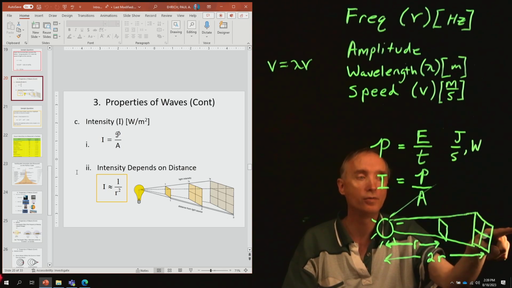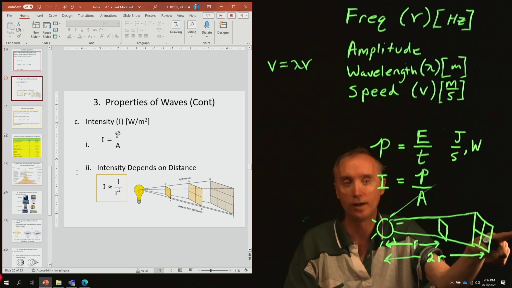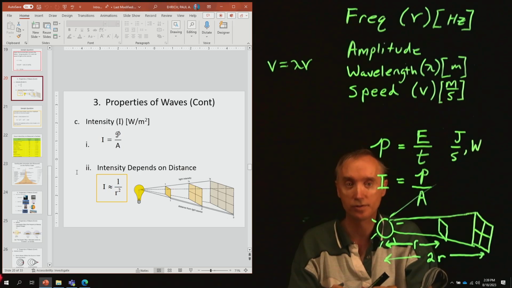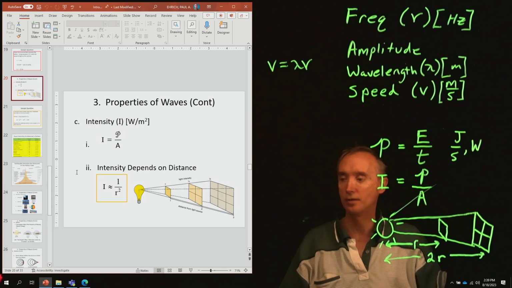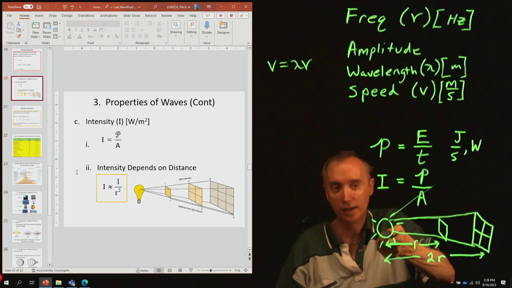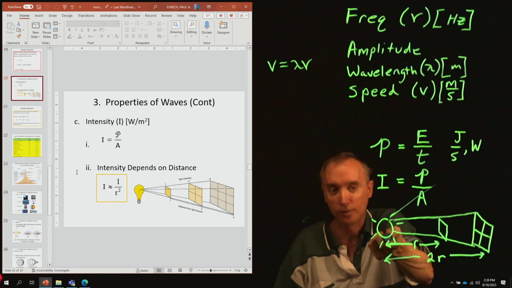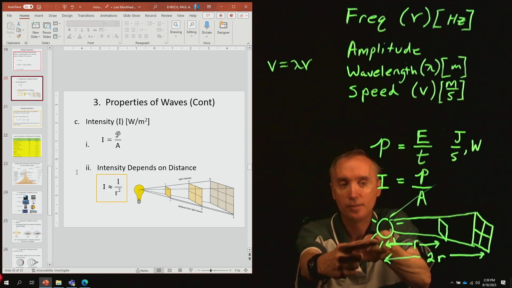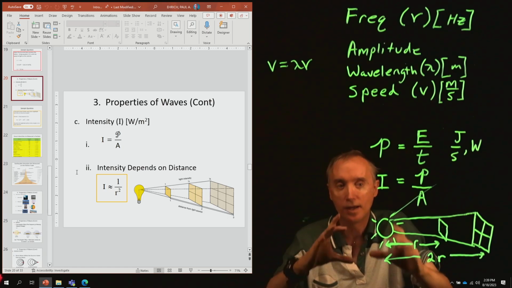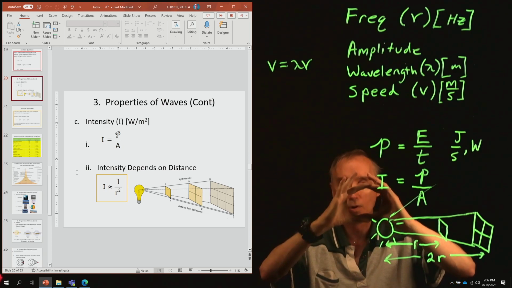And then if you go 3 times further away, it turns out that you're going to need 9 times the amount of area. Now I want you to try this experiment with a flashlight. If you take a flashlight and hold it, let's say 10 centimeters away from a wall, and you turn it on, it's going to make a circle on the wall.